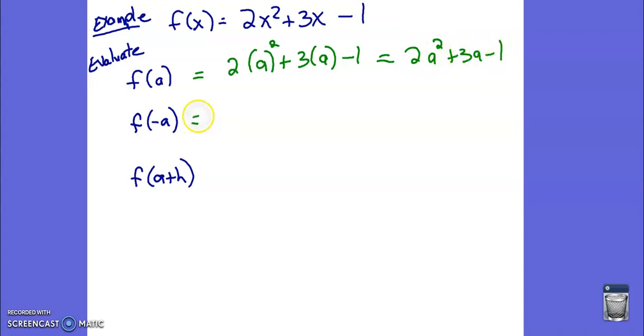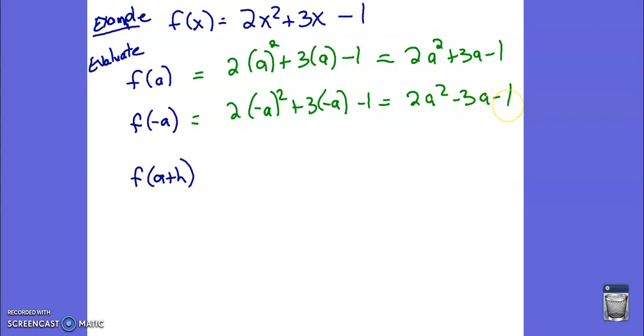Now here, if I substituted it for -a, so I'm going to get 2a squared minus 3a minus 1. And again, notice here, I'm taking that whole thing and I'm going to substitute right where the x is. I'm going to substitute in an a plus h.